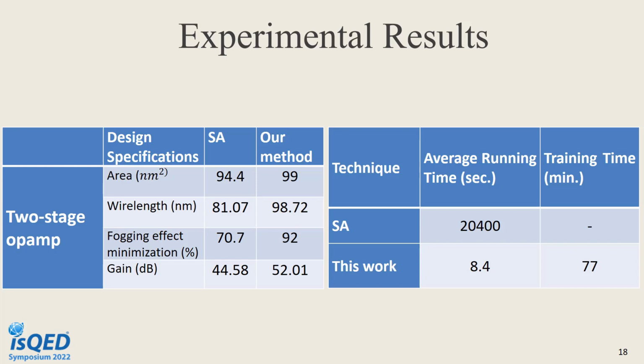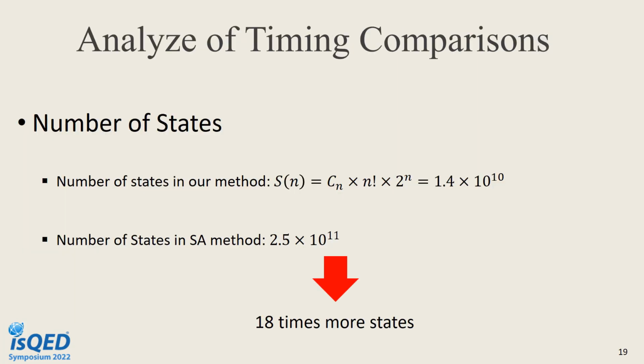And also for the timing, our timing is much better than the simulated annealing. However, the simulated annealing doesn't have the training time, but generally our method is 4.4 times faster than the simulated annealing. So why is our method faster? That is because of the number of states. The number of states in our method is 1.4 times 10 to the power of 10, calculated by this formula.